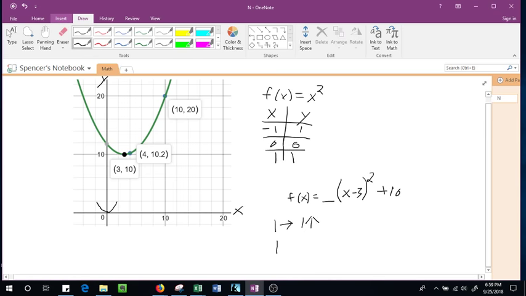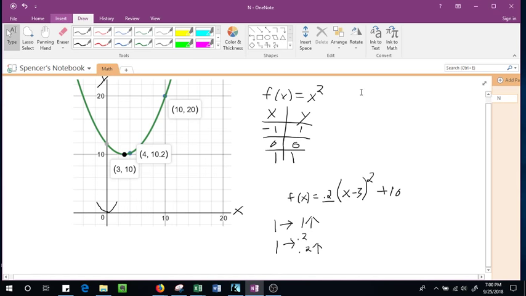In our new function, if I travel 1 over, from 3 to 4, we're going to go up 0.2, right? The difference between 10.2 and 10 is just 0.2. So 1 times 0.2 is equal to 0.2. So that would be our a. Multiply by whatever it is to get to here. 1 times 0.2 is 0.2.